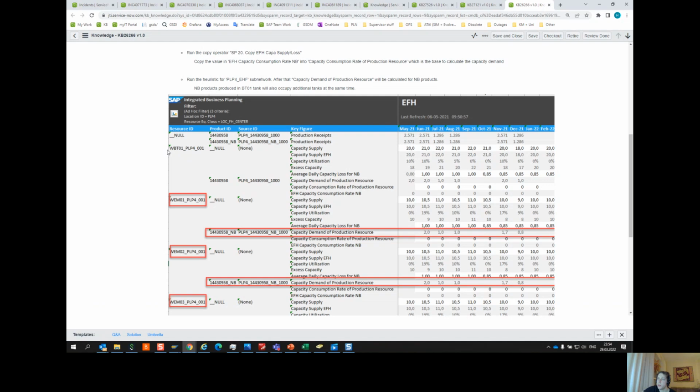And the first part of its code is usually what the resource does. So I know that, for example, an MP machine is a white category. It stands for make and pack. So those are packing machines.